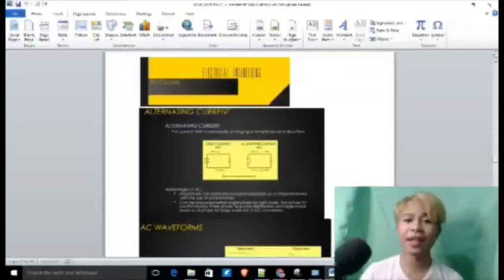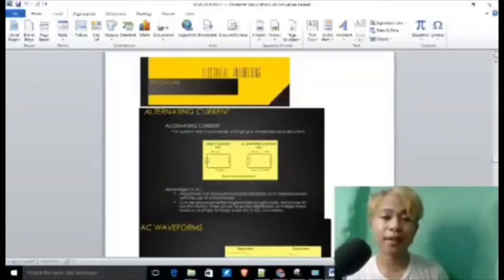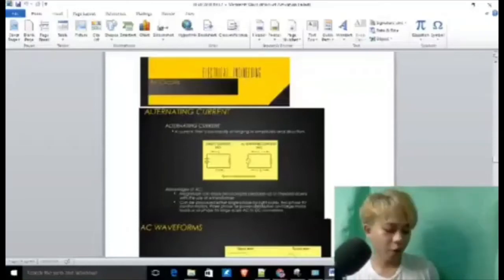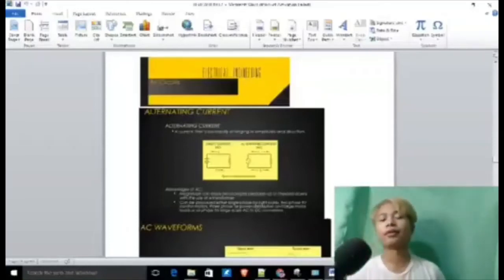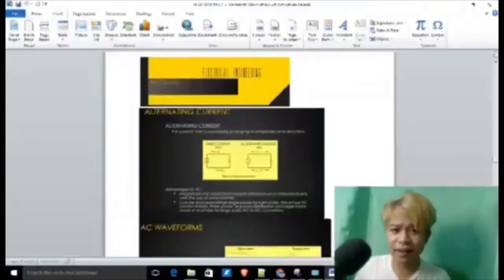You can insert higher voltage devices for performance energy. Moreover, it was used for high voltage electricity. So I guess that's my reaction from AC circuit.